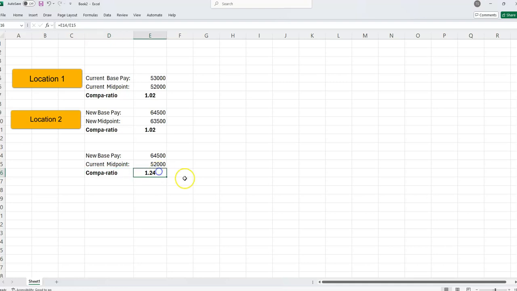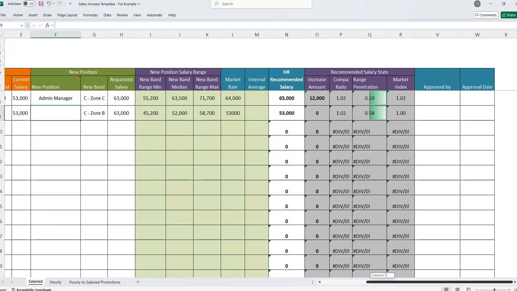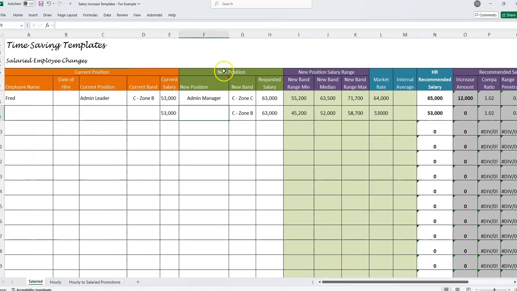Now their compa-ratio is 1.24, and then you would need to recommend a decrease to get that compa-ratio back. So that's the simplified version.